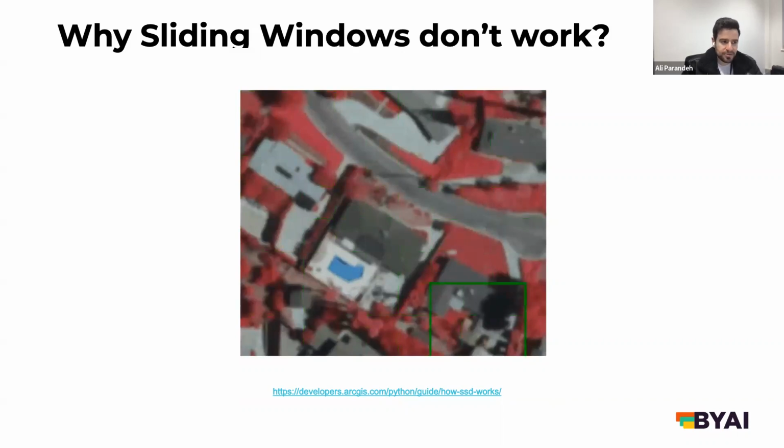That's why we need to create all of these region proposals and figure out where the objects could be in order to produce the bounding boxes around them. So that's the main limitation of R-CNNs: because they slide a kernel across the image, it's not possible in the first step to figure out what the size and shape of this kernel should be in order to produce the bounding boxes.